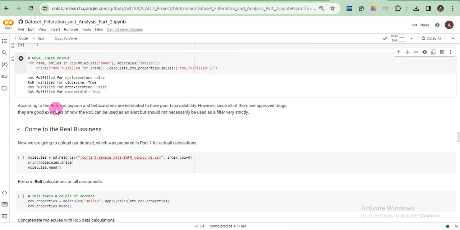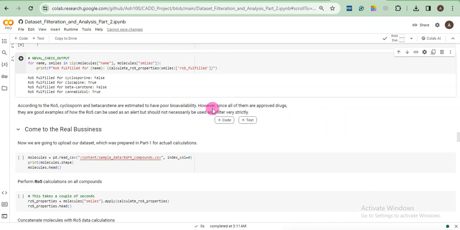According to the rule of 5, this and this are estimated to have poor bioavailability, because it is believed that those compounds which are following the rule of 5 can be administered orally, and they will behave better in the system for ADME.